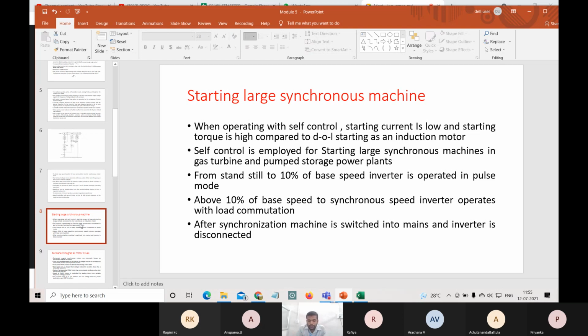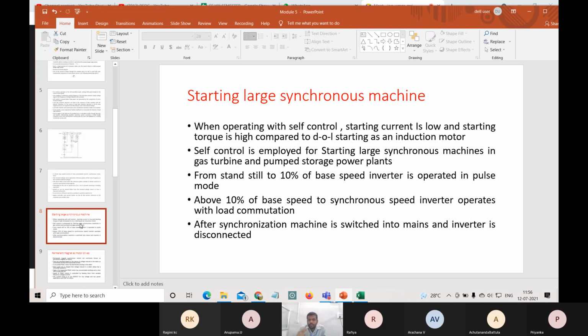In the pulse mode operation, the induced voltages are not sufficient to commutate the thyristor. We need a desired amount of voltage in order to commutate the thyristor, and in pulse mode operation that required voltage is not available.